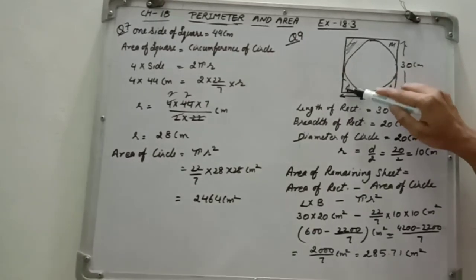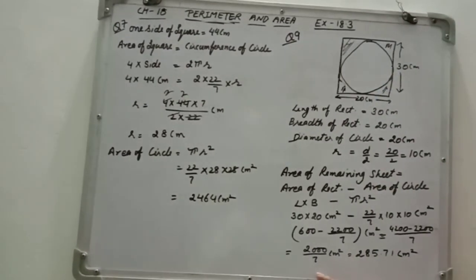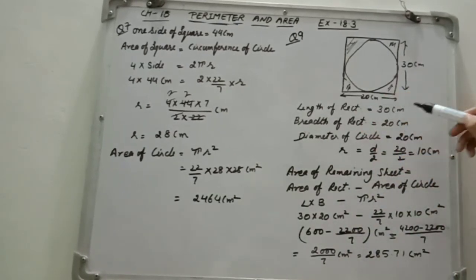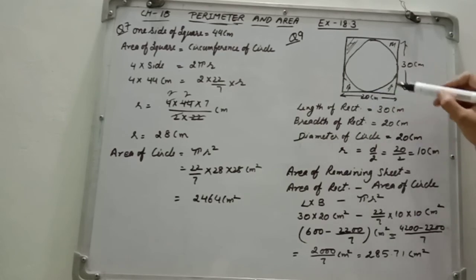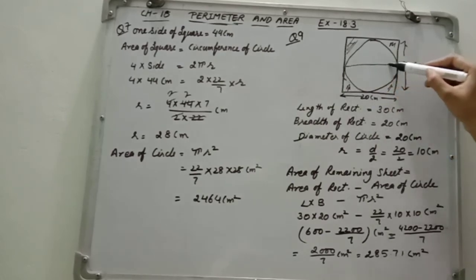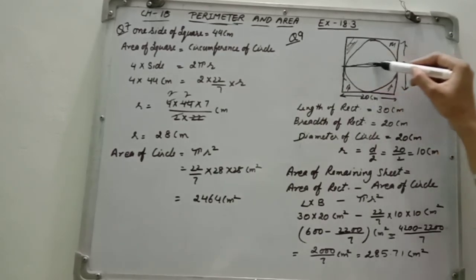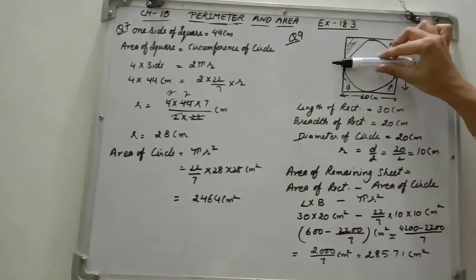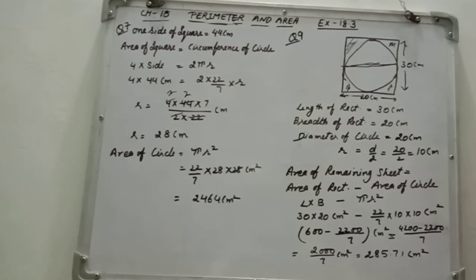Given is length of the rectangle 30 centimeter, breadth of the rectangle is 20 centimeter. Now if this is the breadth, then what is the diameter of the circle? See, this one and this one are the same. So the diameter of the circle is also 20 centimeter.